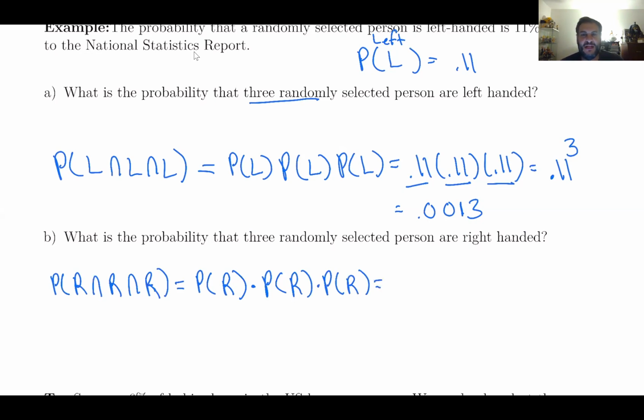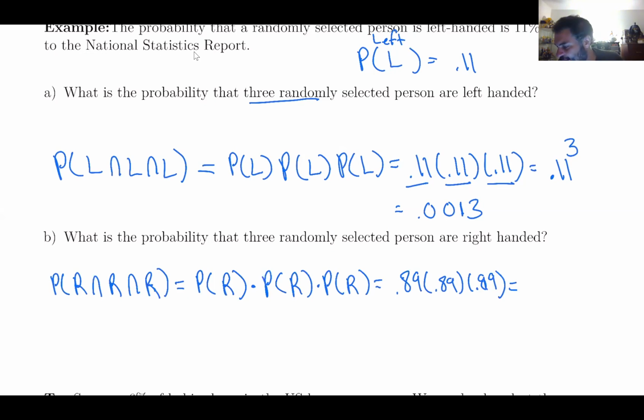So for this one, since I know both of the events are complementary or mutually exclusive, it can either follow that you're left-handed or you're right-handed, or that your dominant hand is left or your dominant hand is right. So if 11% are left-handed, that means 89% are right-handed. So we'll say 0.89 times 0.89 times 0.89.